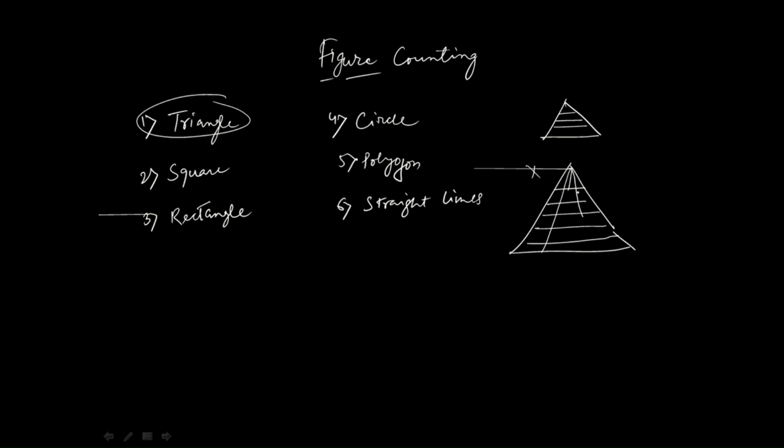So how many triangles are there in this figure? ABC is a triangle. Count the number of triangles from this figure. This kind of question is asked.